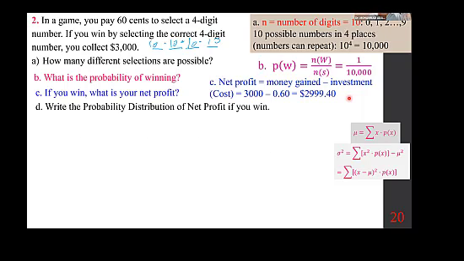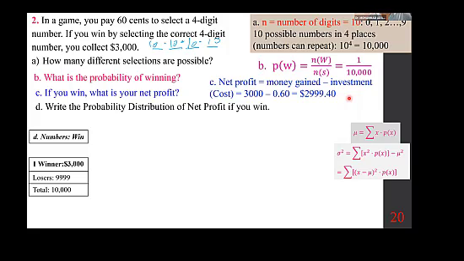We want to write the probability distribution of net profit. And as I mentioned, it basically has 2 columns, x and p of x. So we are going to write the numbers that are going to win. There is only one number that can win, $3,000. The rest are basically those who don't win, losers.